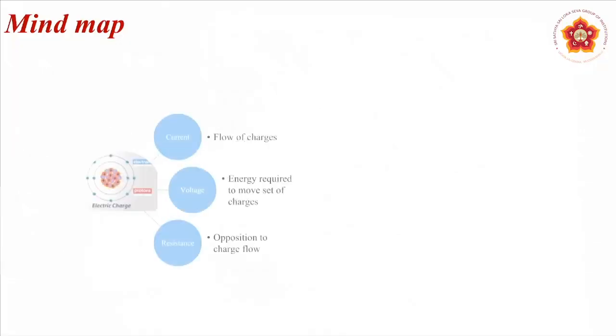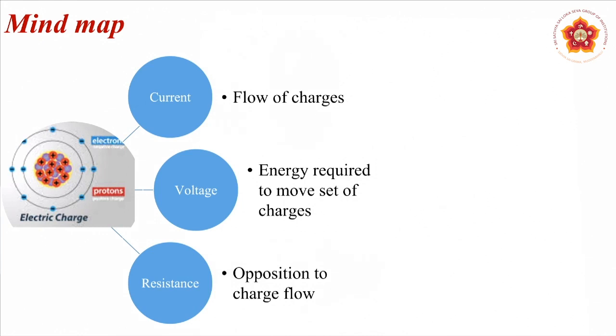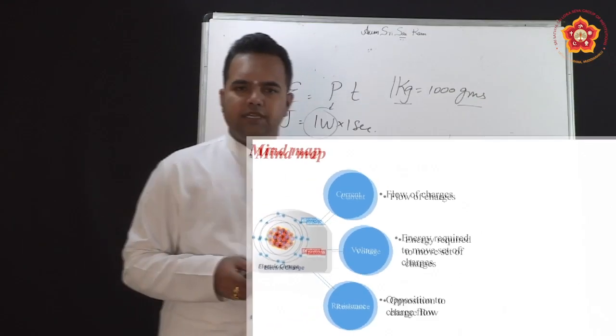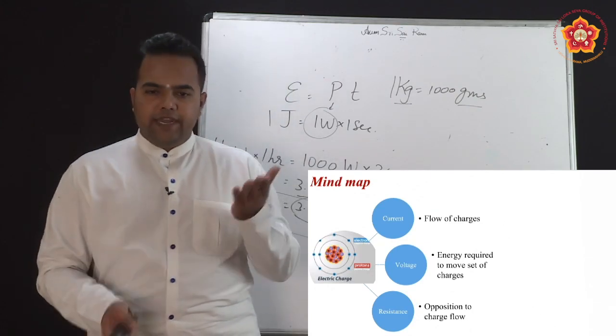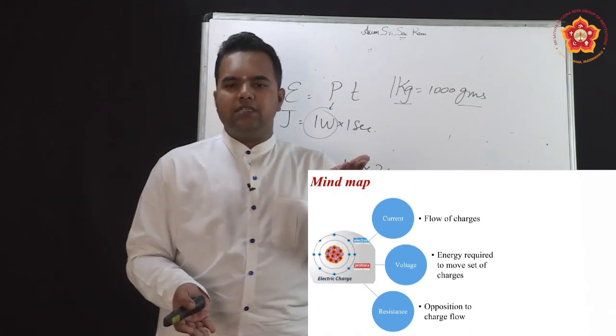Let's see. This is where we started, with electric charge. This is one more way of getting back to the basics, like from the beginning. So electric charges, current: when the charges flow, we have current which is generated. What makes the charges flow? The difference, what we spoke of as pressure difference. It's not actually pressure, it's the energy barrier, how it is created.